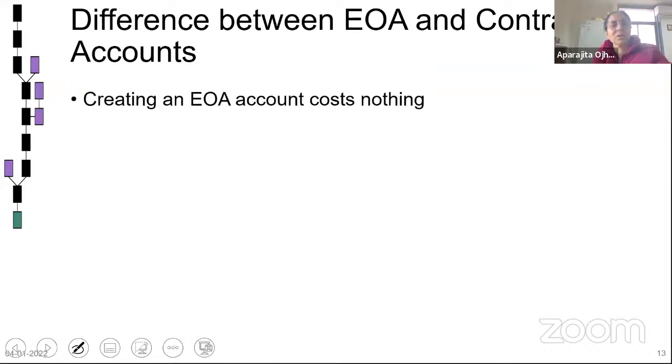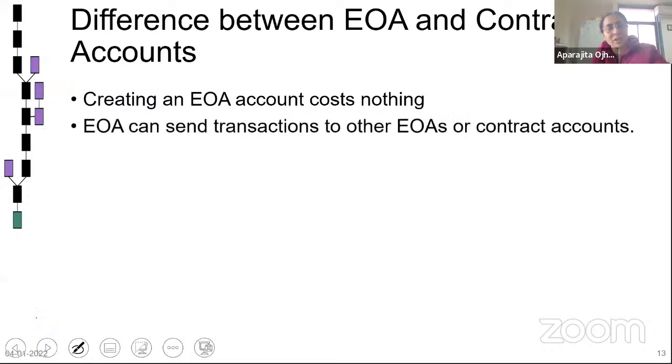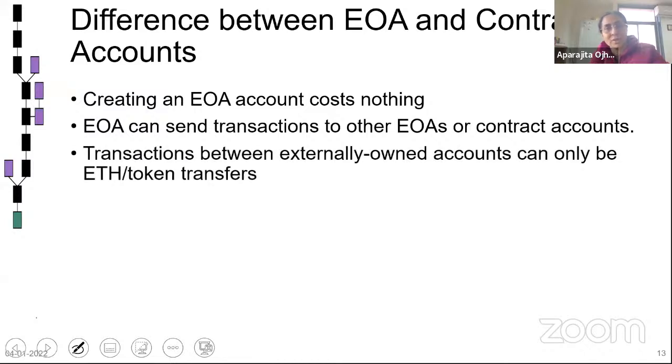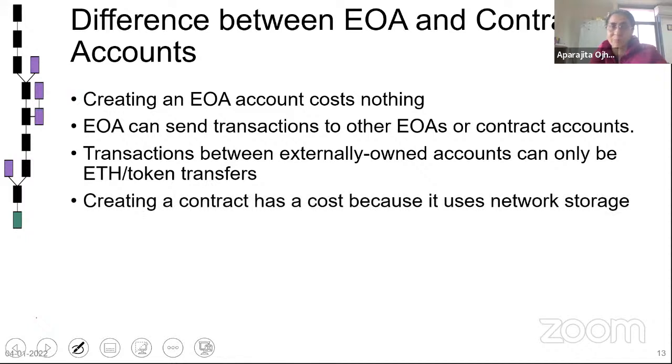Now, what is the difference between EOA and contract account? Creating an externally owned account does not cost anything. An EOA can run transactions and can send transactions to other EOAs or contract accounts. Transactions between EOAs can only be through ETH or token transfer.